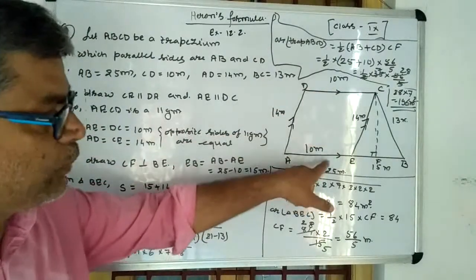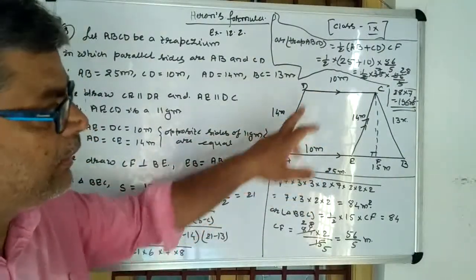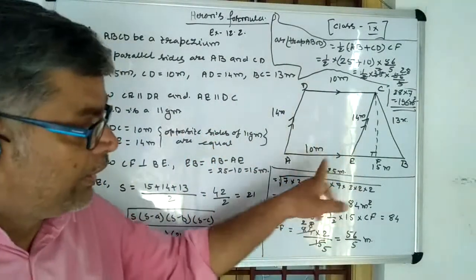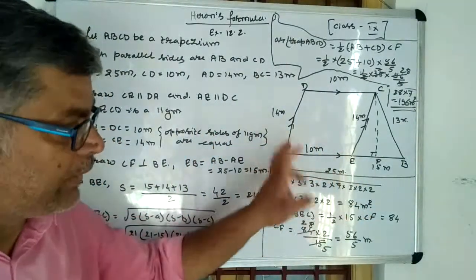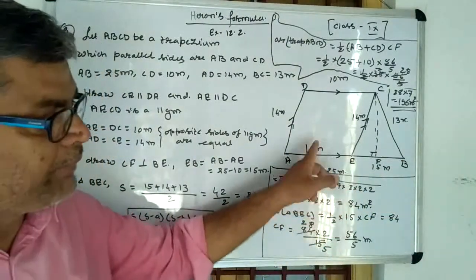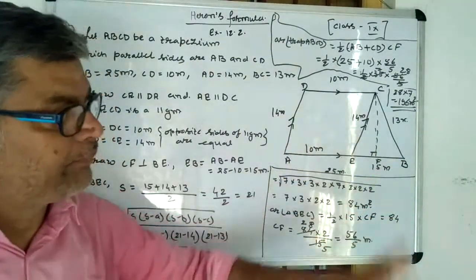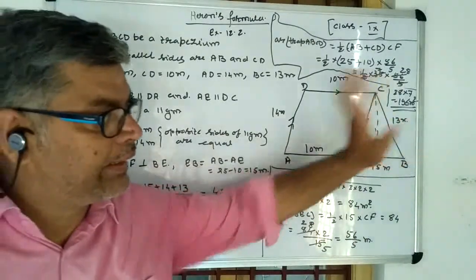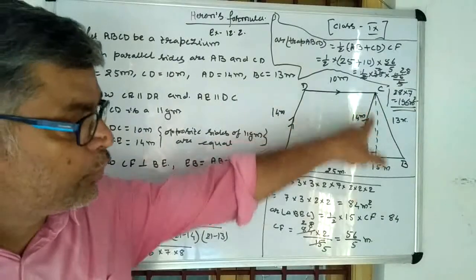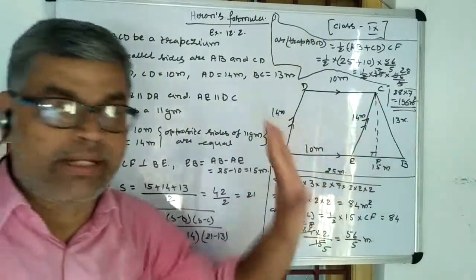So DC equals AE equals 10 meter, AD equals CB equals 14 meter. Now AB was 25 meter and AE is 10 meter, so EB will be AB minus AE, that is 15 meter. This is 14 meter, this is 13 meter. And now we draw an altitude of this triangle, that is CF.